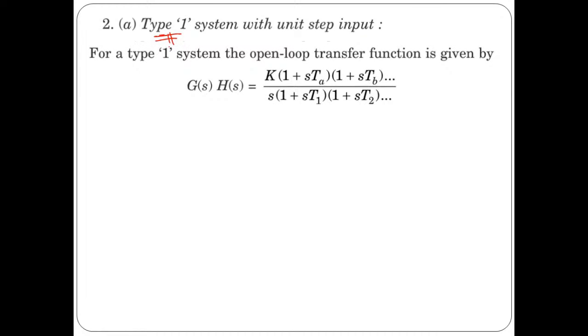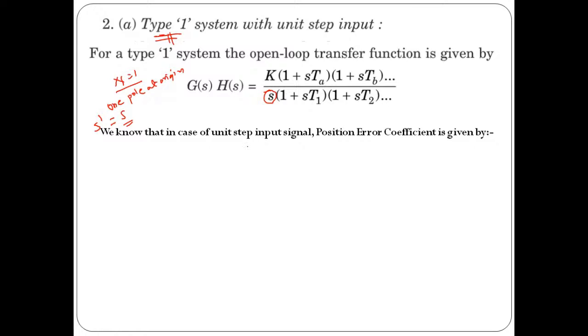Again for type 1, the value of n is going to be 1, because in this case we have one pole at origin. In type 0 we don't have any pole. Now in type 1 we have one pole at origin. That's why if you put n equals to 1, s to the power 1 is going to be s. See, here we have s, one pole available at origin.